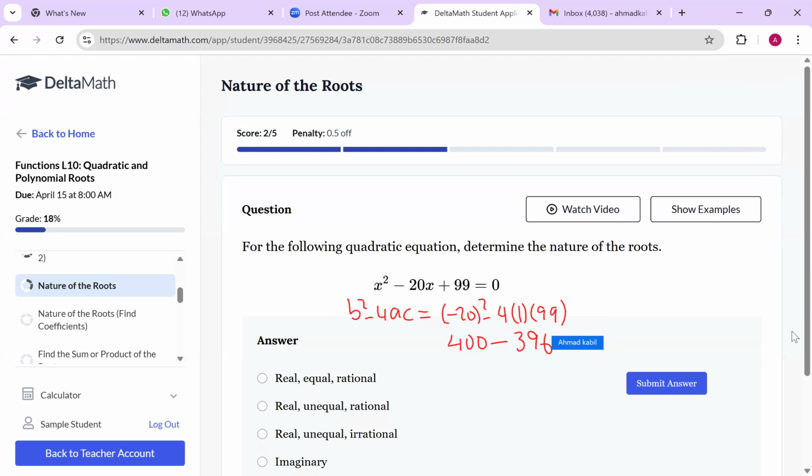If you're not sure, you can multiply them outside. 99 times 4, 6 carry 3, and 39. So 400 minus 396 is 4. So first of all, 4 is a positive number. So we know that we have two solutions. So unequal. And 4 has a square root, so rational as well.